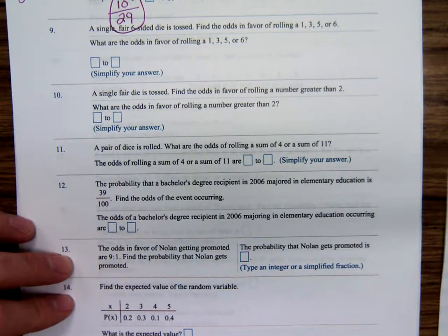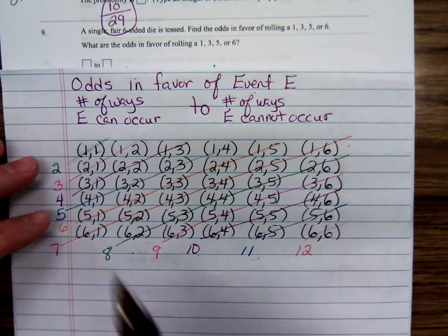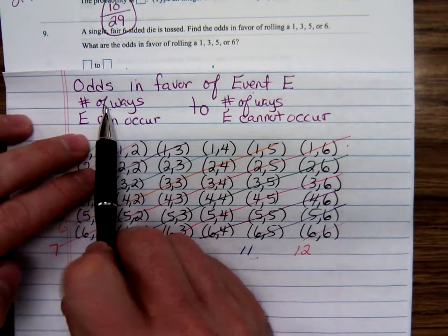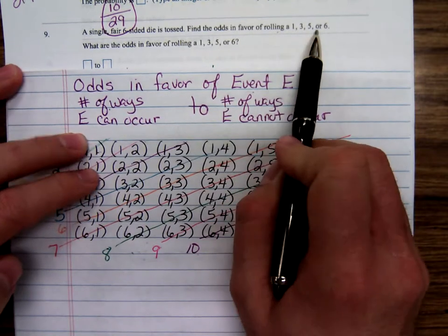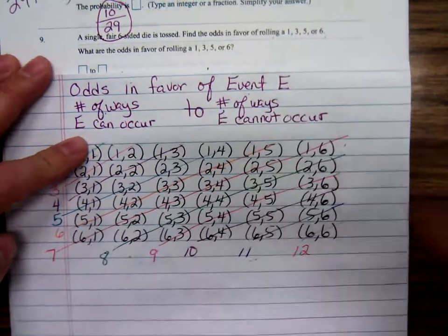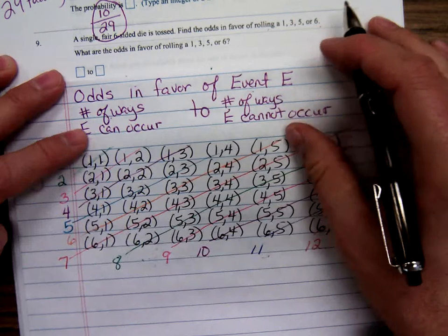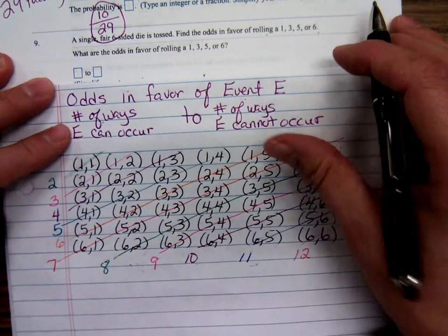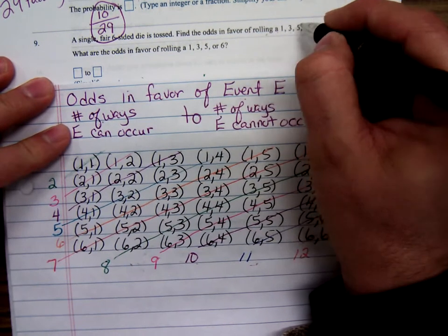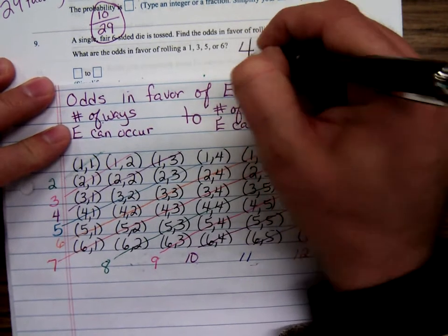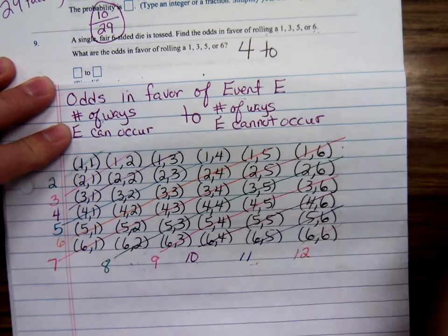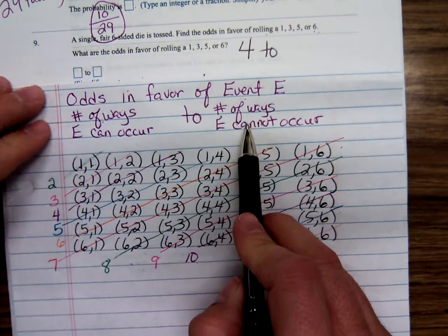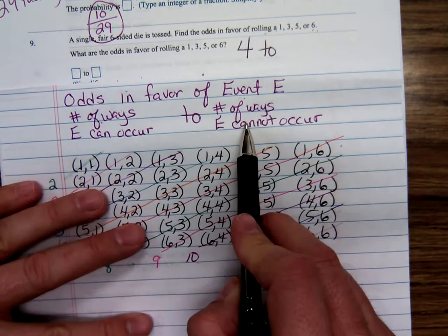Odds are different from probability. So we want to know how many ways could you roll a 1, 3, 5, or 6? Well, just 4 of them. You're rolling one die. How many ways could you not get that 1, 3, 5, or 6? 2.